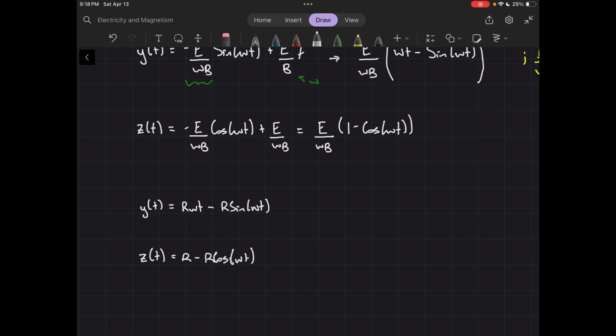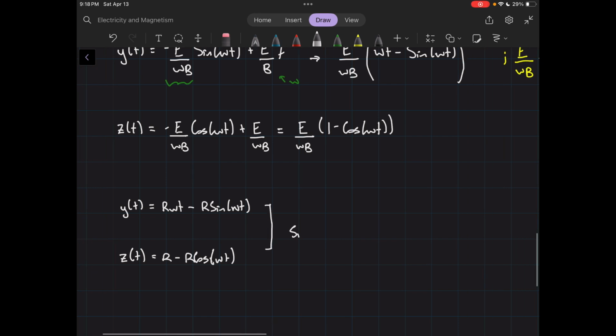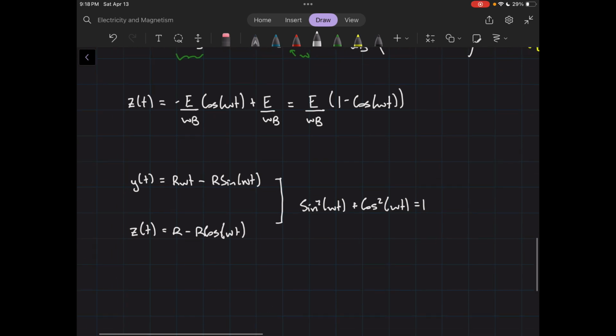So now, using these two equations, we can leverage the fact that sine squared omega t plus cosine squared omega t is equal to 1.